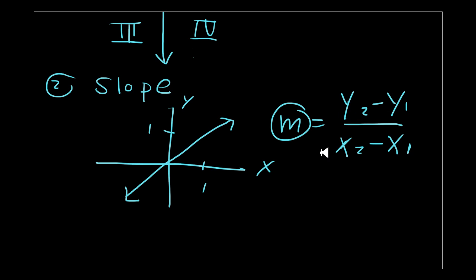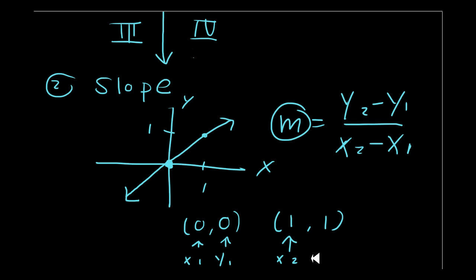In order to find a slope, I have to give you two points on the graph. I give you this point, which is 0 and 0, and this point, which is 1 and 1. This is x1, this is y1, this is x2, and this is y2.